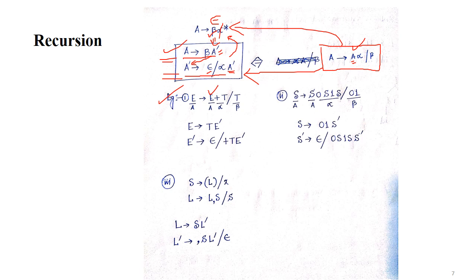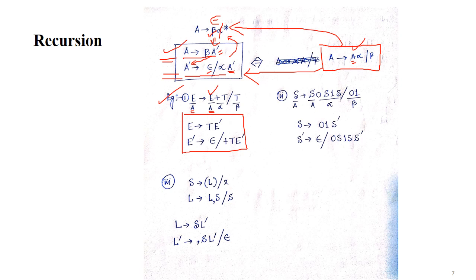So how to write the modified grammar? Let's take E as A, this is your A, then A equal to, this is actually the original grammar that I am following. So this is my original grammar. Now we are converting the original grammar into our modified grammar.